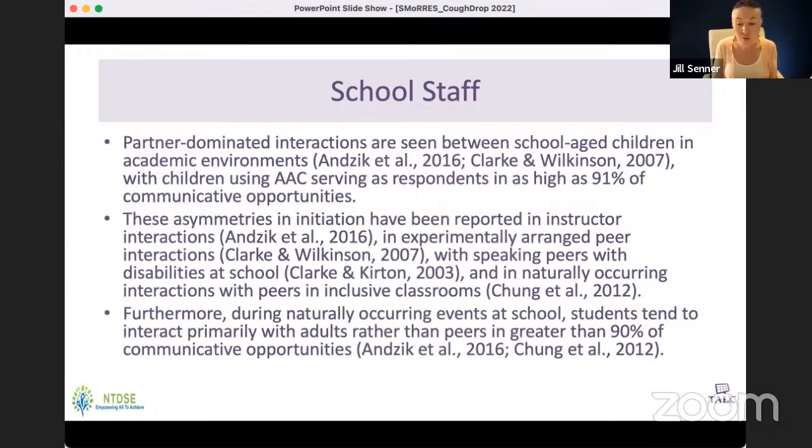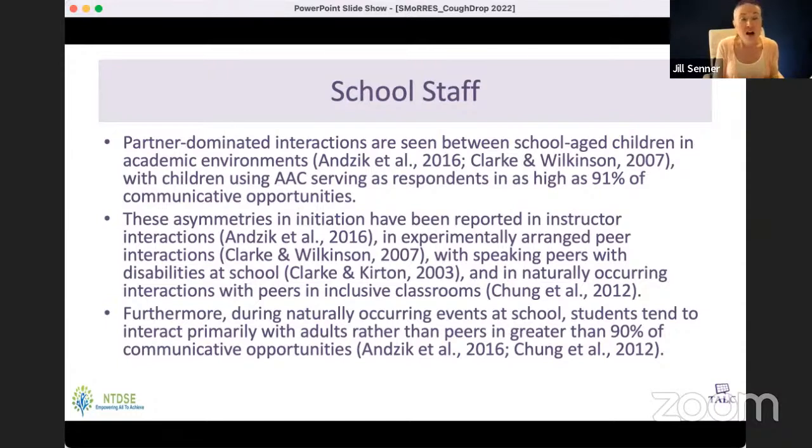What we know about untrained communication partners in school is that no matter who it is, whether it's an instructor in a school or another peer in special education or general education, partner-dominated interactions are seen.